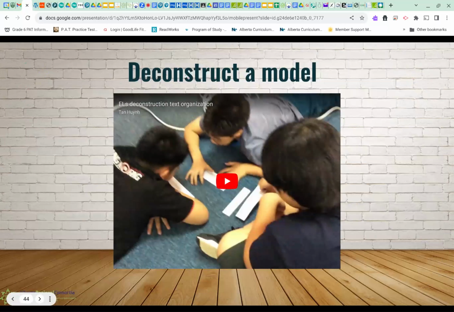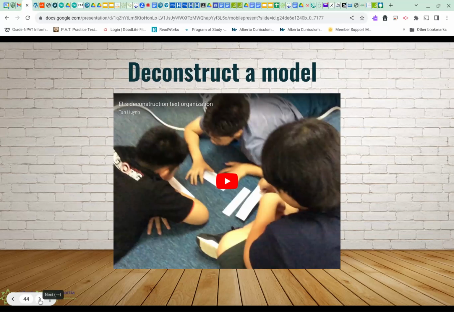Another way to make it apparent for students is to deconstruct a model. Once you have the presentation, you can take a look at this video, but I've done this as well: you take a mentor text and cut it up by paragraphs, and students try to justify why this paragraph comes before that paragraph and the following paragraph comes after it.